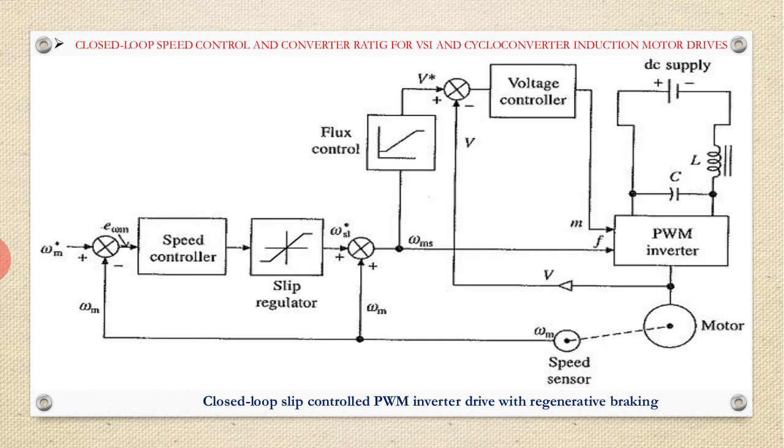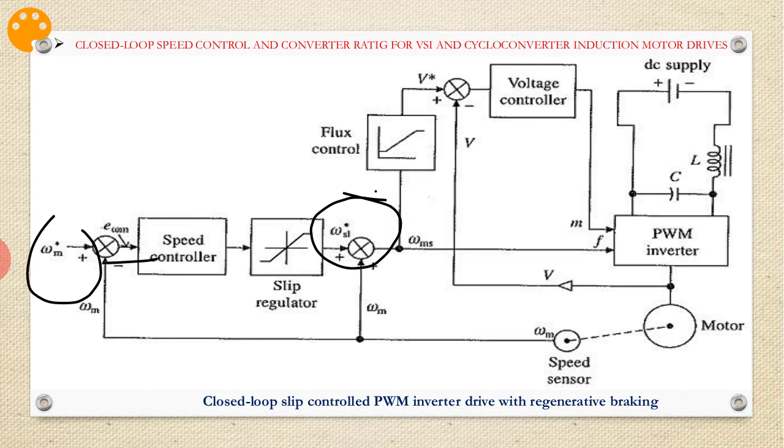A step increase in speed command omega star m produces a positive speed error. So what happens is the slip speed command is set at the maximum value, and this value is kept at maximum.